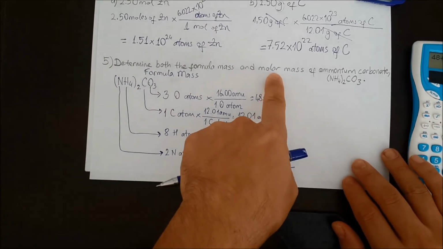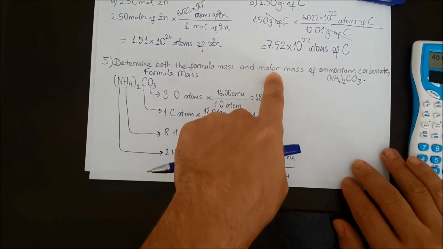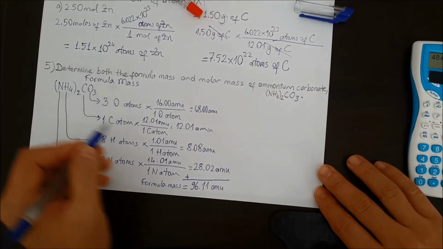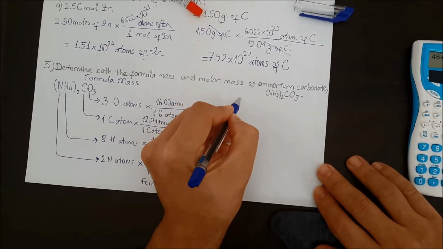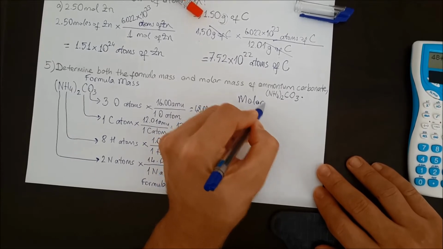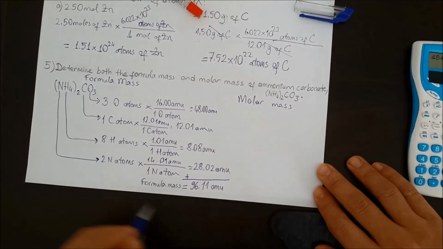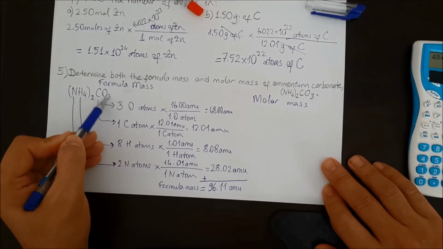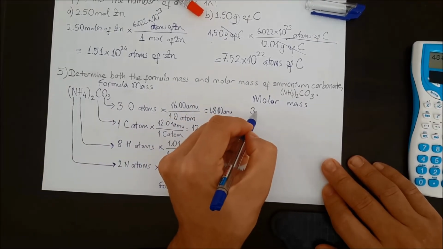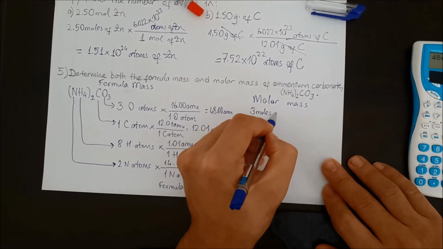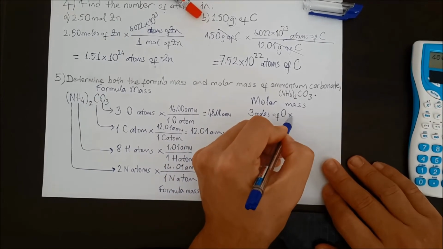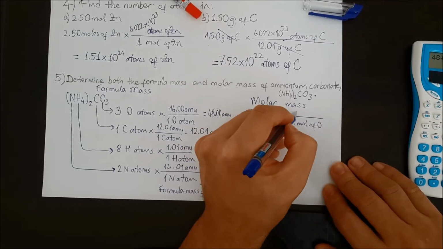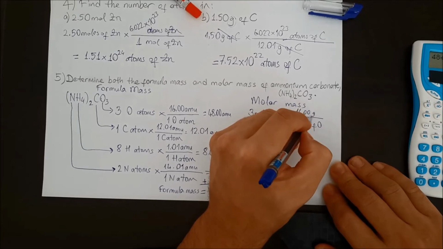Now, the question says also find the molar mass of this compound. Here we need the molar masses of each element that exists in the compound. I'm going to write the title here: molar mass. Okay. In this compound, I have 3 moles of oxygen. Look, I'm here using 3 moles of oxygen times 1 mole of oxygen makes 16.00 grams.